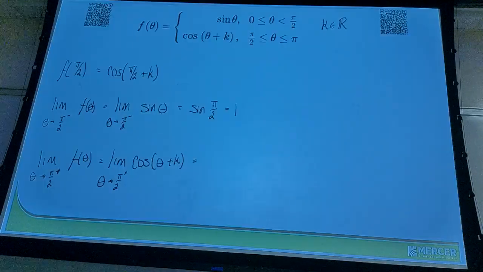Overthinking it. Just pi over 2 plus k, right? Is cosine continuous there? Yes. The composite function theorem says we can just pull the limit inside.